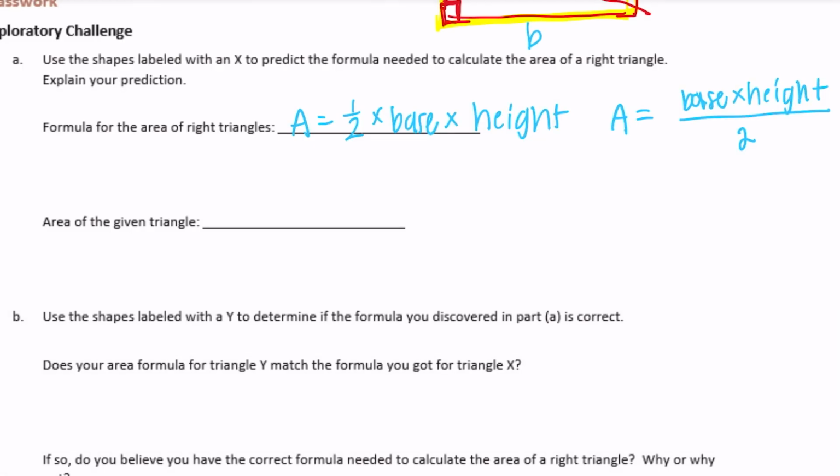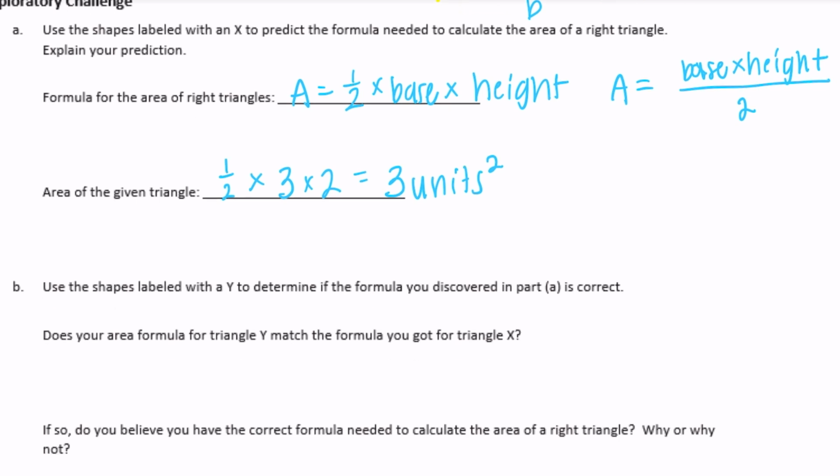So the area of the given triangle would be 1/2 times the base, which was 3, times the height, which was 2. 3 times 2 is 6, and half of that would be 3. Maybe that's inches, or something. I'm going to say 3 units squared would be the area of that right triangle.